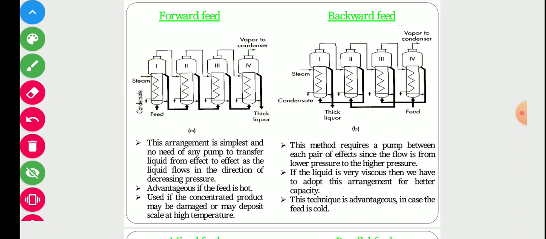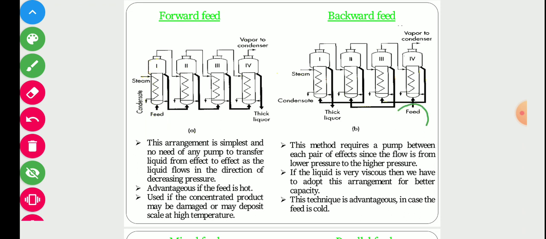On the other hand, in backward feed, the steam flow is similar. That is, we provide steam over here, get condensate, then steam moves to the second, and so on, getting condensate each time. So in all the effects, the steam movement is the same. The only difference is the movement of the main solution. In backward feed, we give feed to the last evaporator, and it moves in the backward direction.